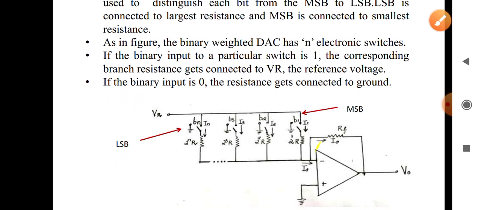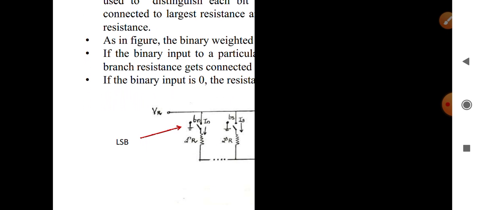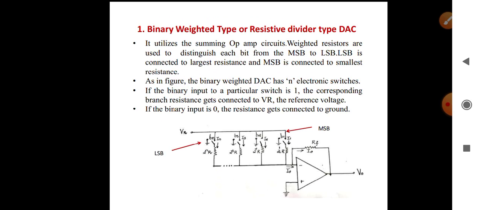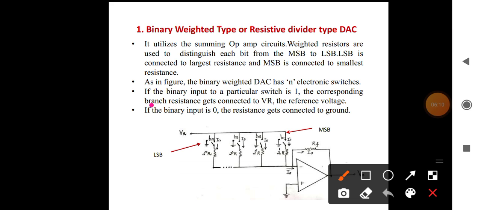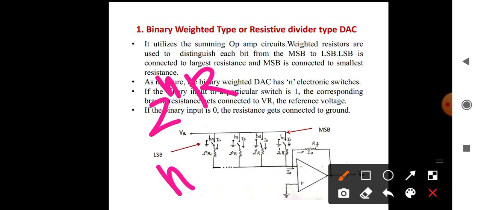The resistor will be of the type 2 raised to n. Sorry, it will be 2 raised to n into R. Not just 2 raised to n, it is 2 raised to n into R. Where n will not vary from 0, n will vary from 1 up to the number of bits.